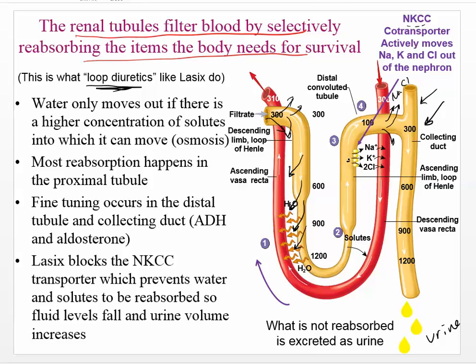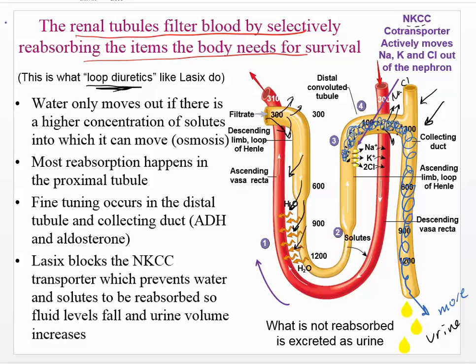These salts that are supposed to be reabsorbed are staying in the nephron. Well, if you have salts staying in the nephron, then that's going to keep water in the nephron. That's just osmosis. That's just the way it works. If you've got more particles in here, the water's going to stay in here. You have more water in here, it's going to be more urine.